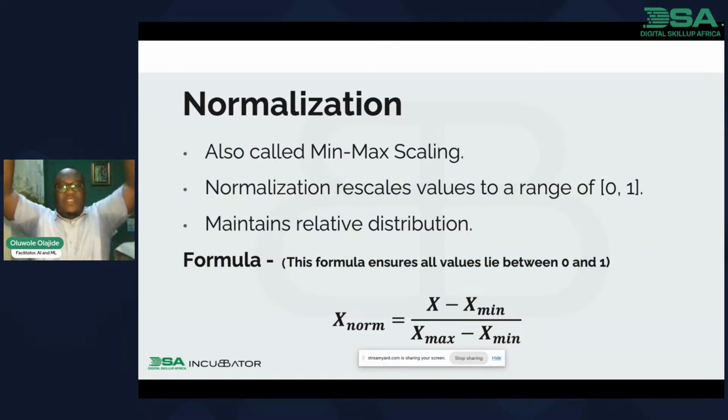You have a feature. Maybe you have temperature as a feature, and a lot of patients, maybe 10,000 patients' temperatures. Then the lowest temperature is maybe 10 degrees Celsius, and the highest temperature is 40 degrees Celsius. You just pick the minimum temperature and the highest temperature.